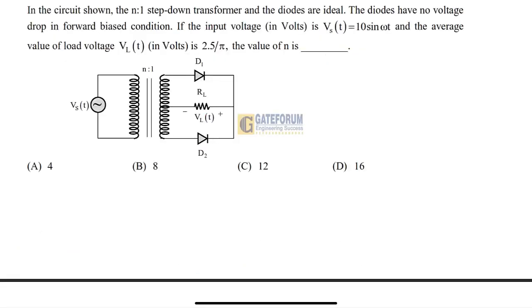The statement of the question is: in the circuit shown, the N to 1 is a step down transformer and the diodes are ideal. The diodes have no voltage drop in forward bias condition.